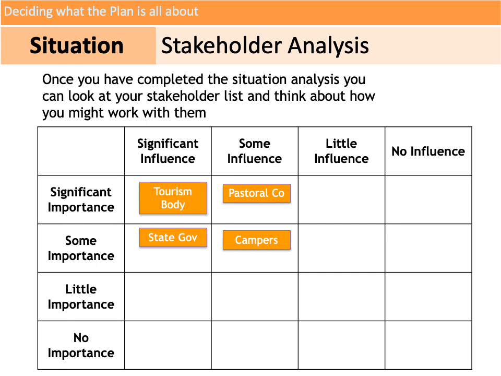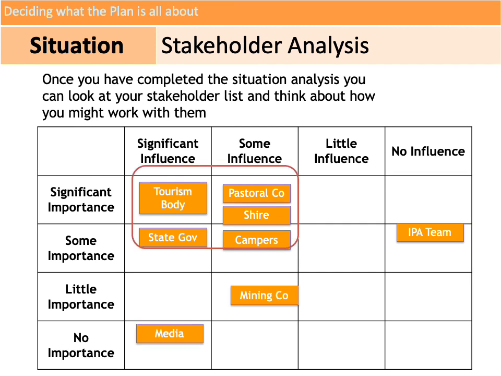The tourism body is of significant importance and influence. So you can map them out in terms of where you think they sit. Oh, hang on, the Indigenous Protected Area team has no influence and some importance. They're going to find that tricky, but you can add people as you go through. Then you can start thinking about who are the key people you really need to speak to, who are going to have a really big influence on what happens here.